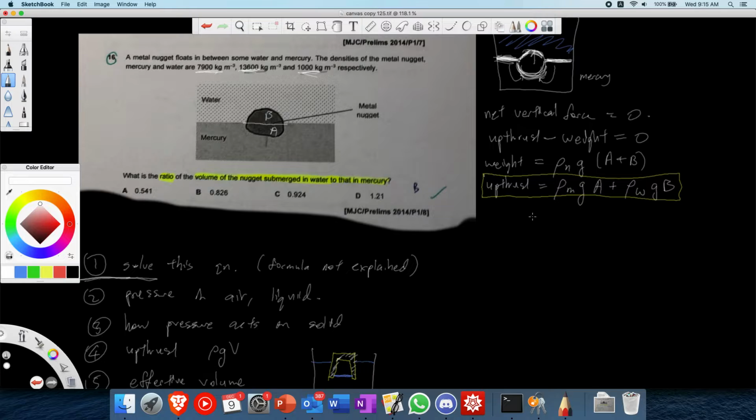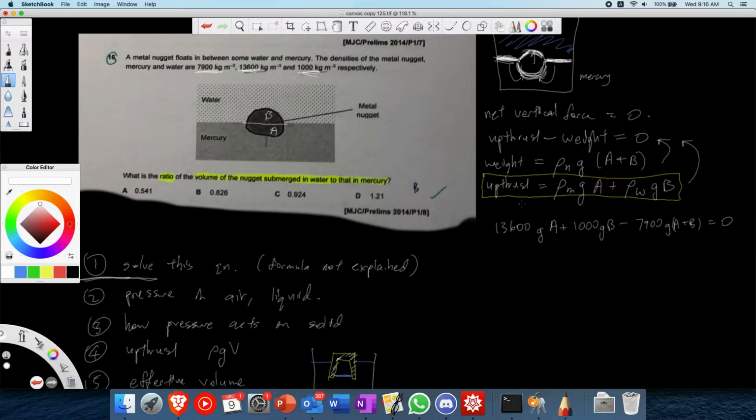So if we put this into the second equation, the upthrust equals 13600 g A plus 1000 g B, minus 7900 g (A plus B).